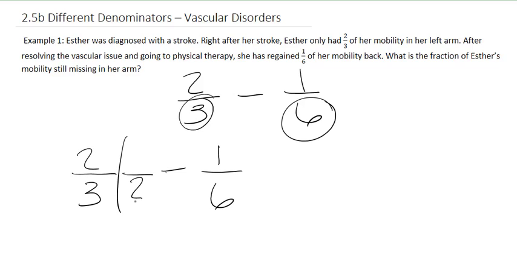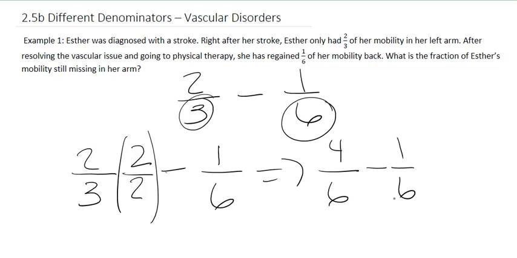So whatever we multiply the denominator by, we multiply the numerator by. This keeps it the same because we're essentially multiplying this whole number by 1. So this problem now becomes 2 times 2, which is 4, over 3 times 2, which is 6, minus 1/6.